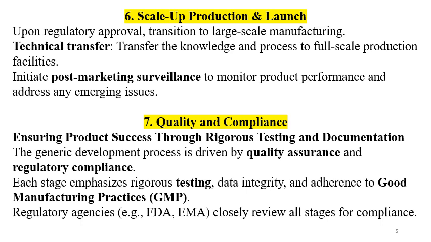Next stage is quality and compliance, ensuring the product success through rigorous testing and documentation. The generic product development is driven by quality assurance and regulatory compliance. And this is the same case with the innovator product also. Whether the product is novel or generic, quality assurance and regulatory compliance is a must. So each stage emphasizes rigorous testing, data integrity and adherence to good manufacturing practices, that is GMP.